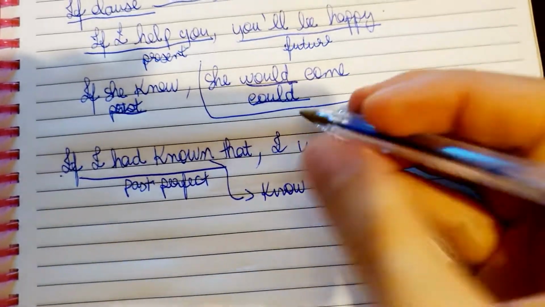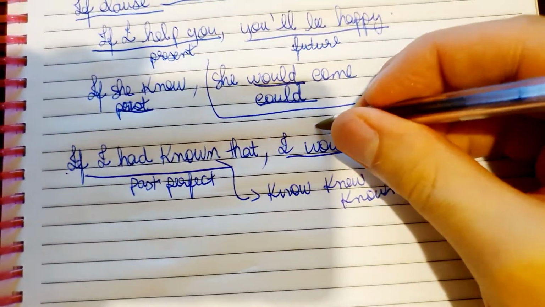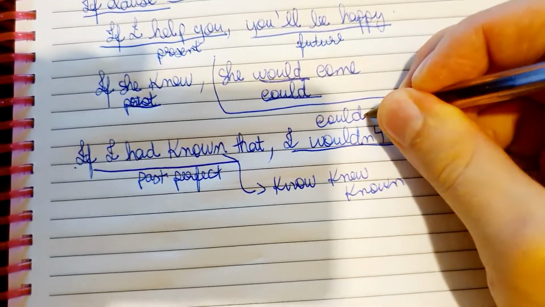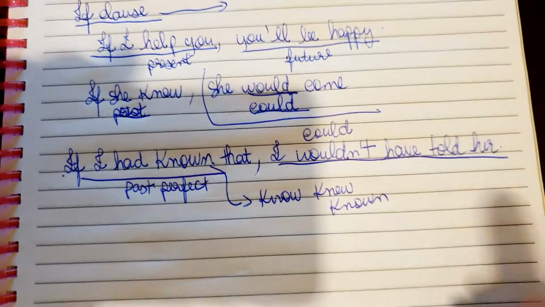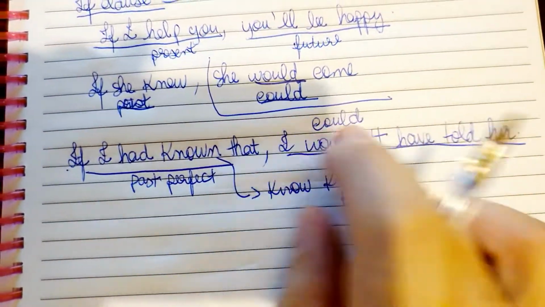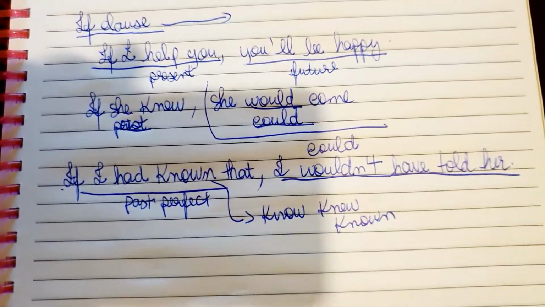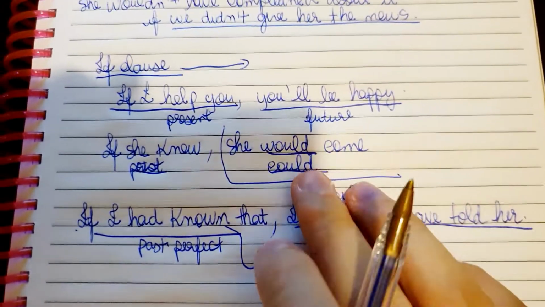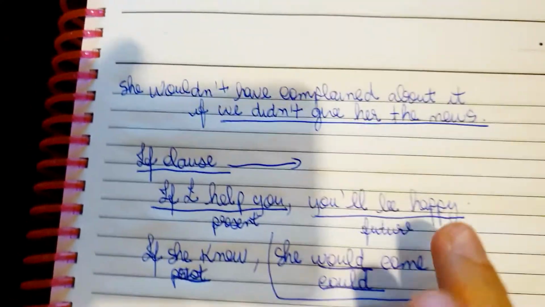Because for the next sentence, when you have the past perfect, you use could have told her. You use the present perfect together with another modal verb such as could, would, and so forth.